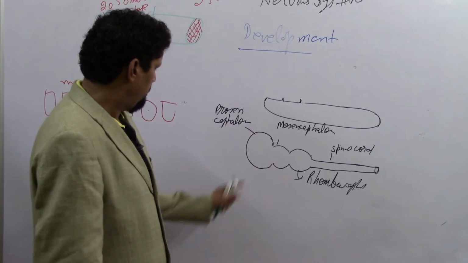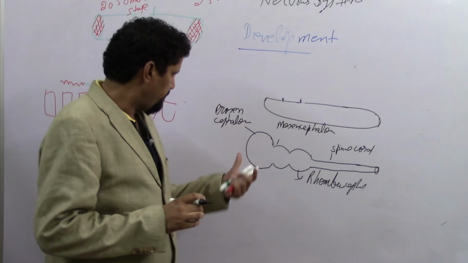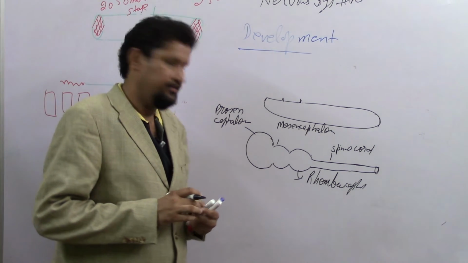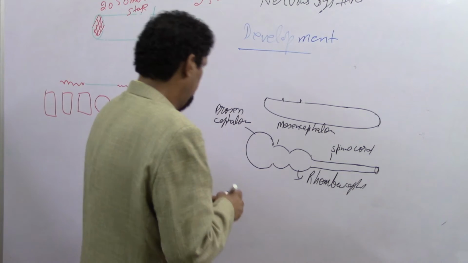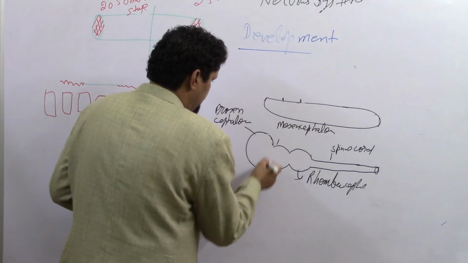So at the end of the 5th week, there will be 5 dilatations and more constrictions. I will draw a different diagram here.